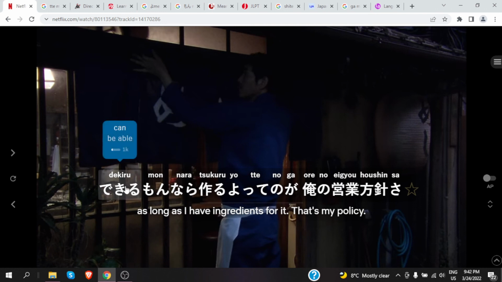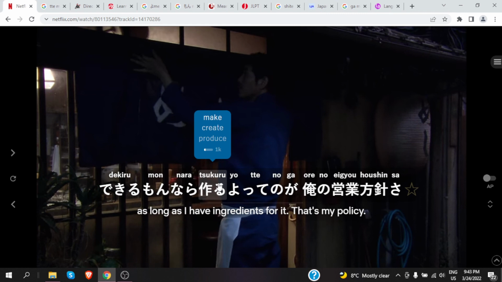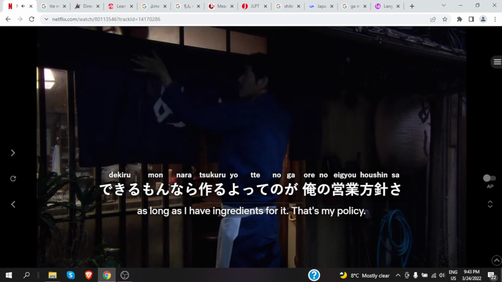Okay, so maybe I could just remember these three words here. Dekiru monara. Like as long as something. As long as he can prepare it. Tsukuru, 作る. Dekiru monara tsukuru. Oh no, tsukuru yo te.